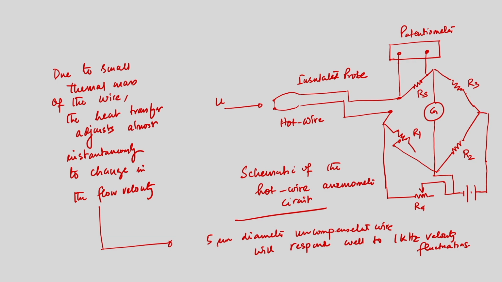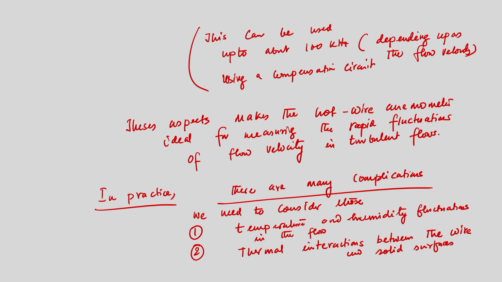So the wire is connected with the solid surface, and the thermal interaction we cannot stop. The thermal mass is very small, but we cannot really ignore the thermal interaction between the wire and the solid wall, and if that interaction is still there, that might lead to error and complication in the measurement procedure.